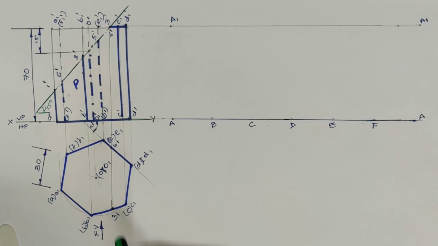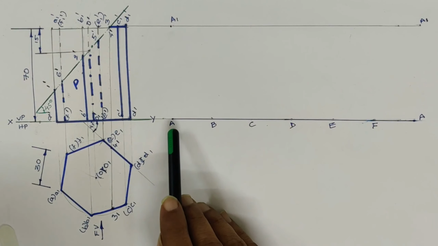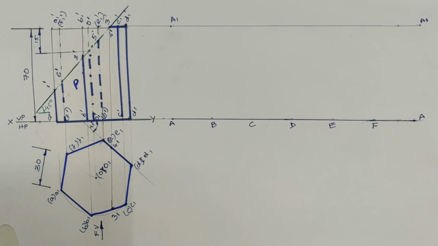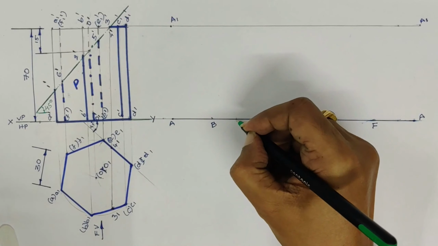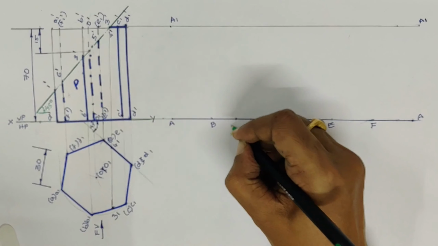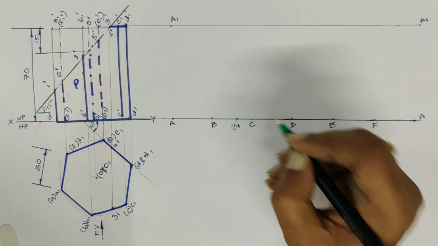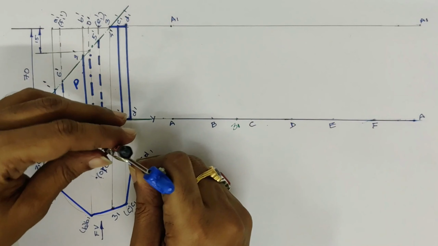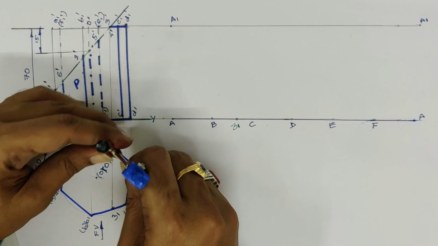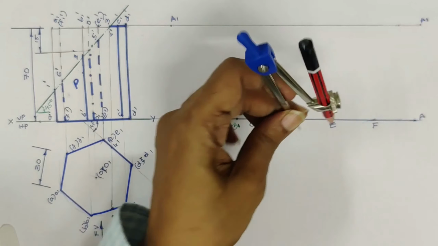Then transfer 3-1 and 4-1 points from the top view base sides to the bottom stretch out line. Here B1 3-1 as a radius, B as a center, draw an arc and name this point as 3-1. Similarly, D4-1 as a radius, D as a center.